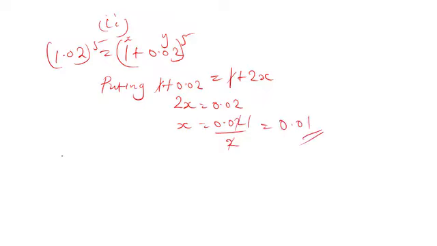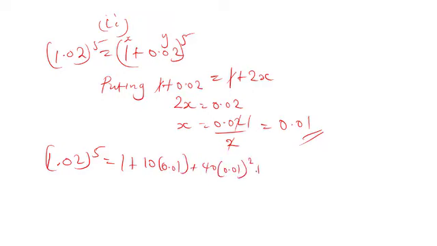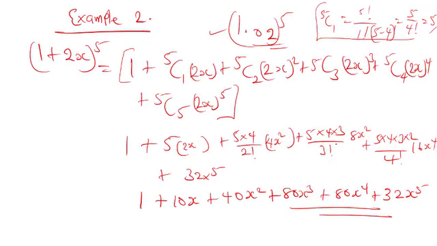Now let's go back to our equation. We have 1.02 raised to the power 5, which is equivalent to 1 plus, now we are substituting the value of x as 0.01 plus 40 0.01 squared. The next will be plus 80 0.01 raised to the power 3 plus another 80. Remember our original equation.